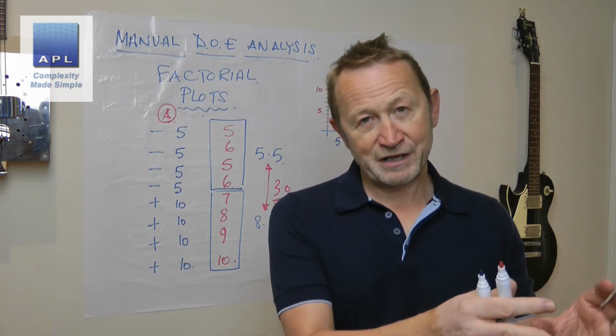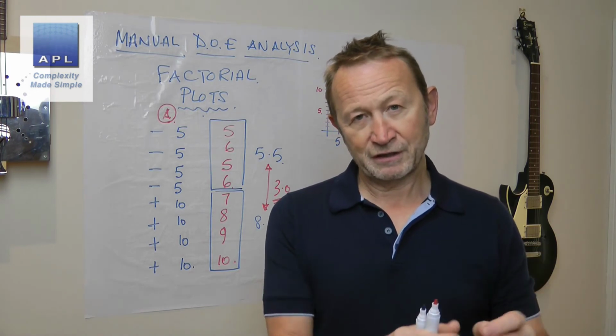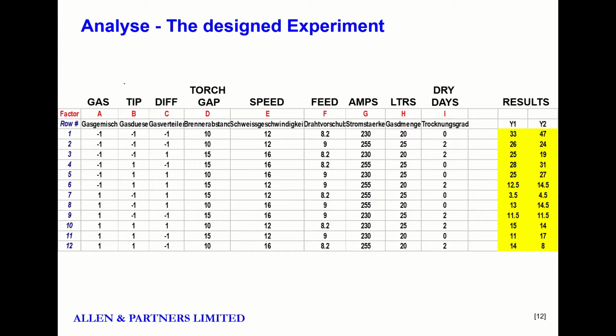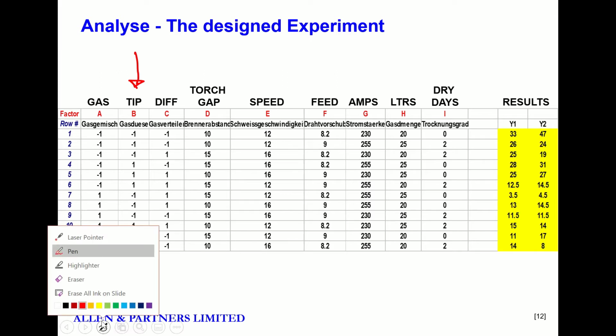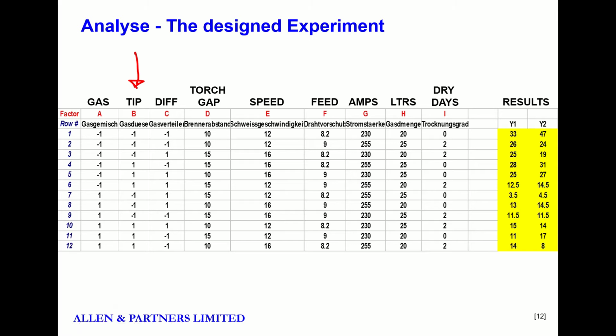Now if we go to the data that we've got on the video that the question was about, if I look at the second column, which is actually the tip condition. So one of the things we tested in this DOE was the age of the tip on the welder, because obviously you have to replace these, and everybody wonders, I wonder what happens if we have an old tip compared to a new tip.